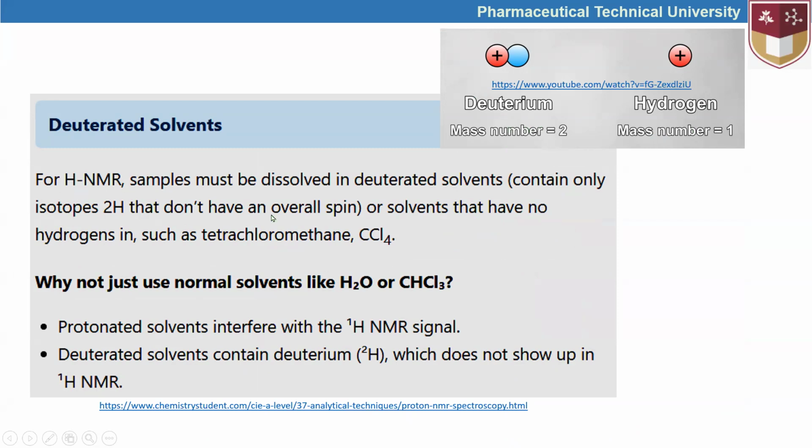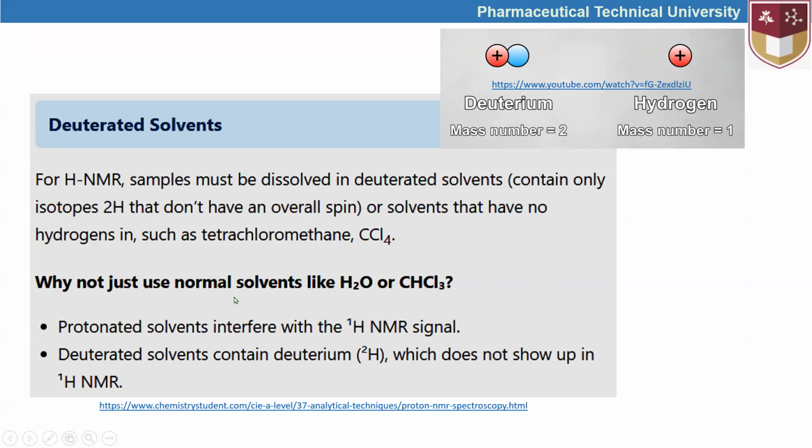For HNMR spectroscopy, samples must be dissolved in deuterated solvents, because they contain only isotope 2 hydrogen, which doesn't have an overall spin, or in solvents that have no hydrogens in them, such as tetrachloromethane. So this is why deuterated water or deuterated chloroform is used in NMR spectroscopy.